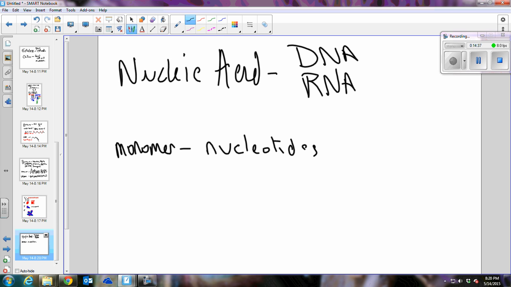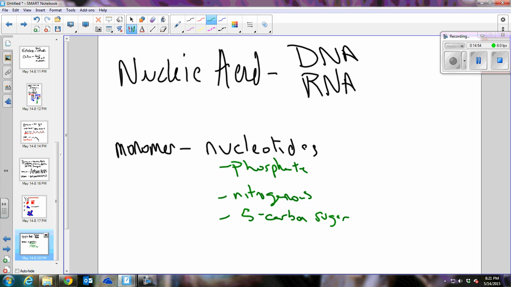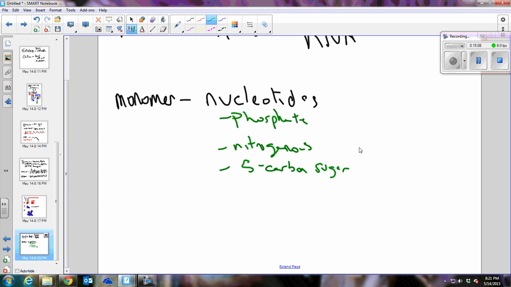And a nucleotide is made up of 3 things: a phosphate, a nitrogenous base, and a 5-carbon sugar. And the sugar is how it's named: deoxyribonucleic acid. Deoxyribose is the sugar. Ribonucleic acid. Ribose is the sugar. All right, whereas the polymer is the full-on nucleic acid, the full-on DNA.